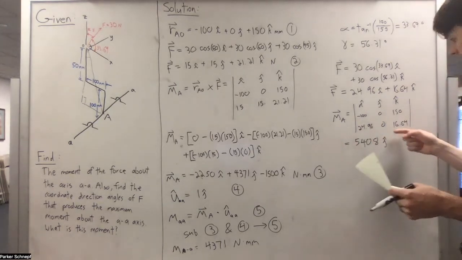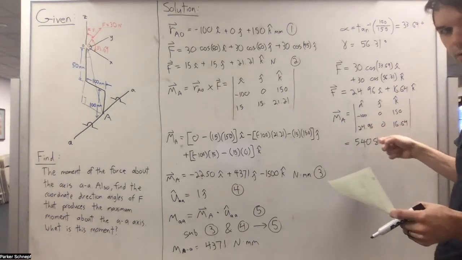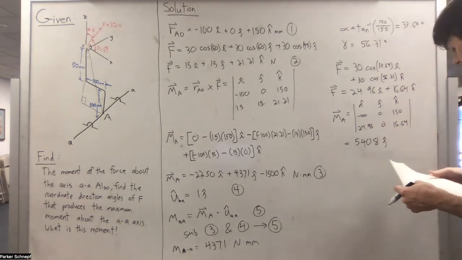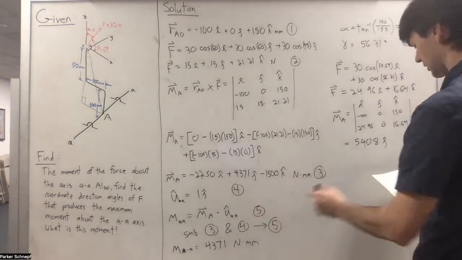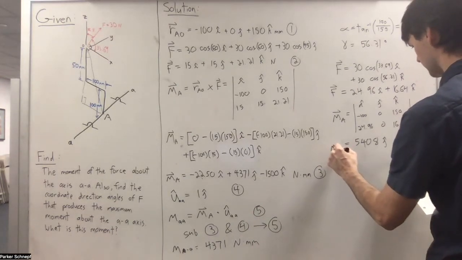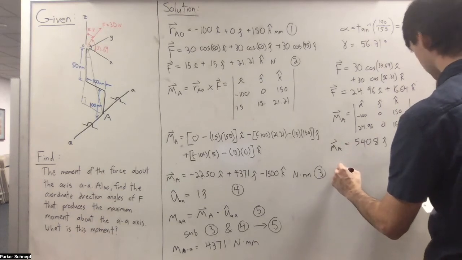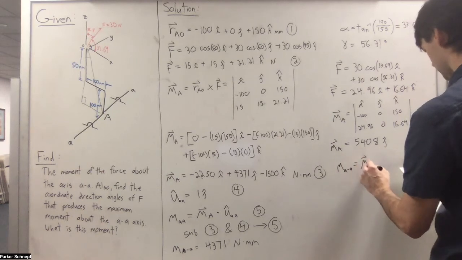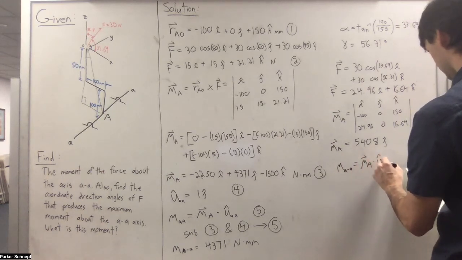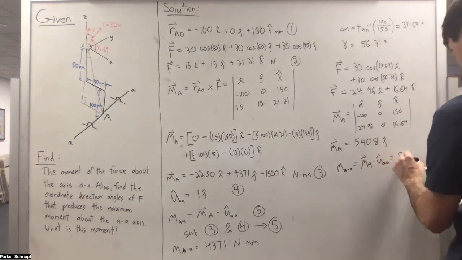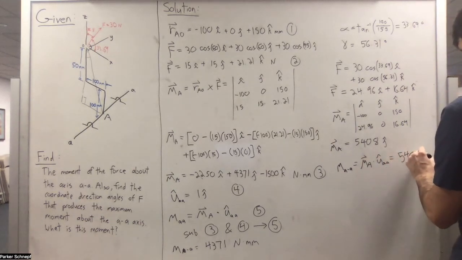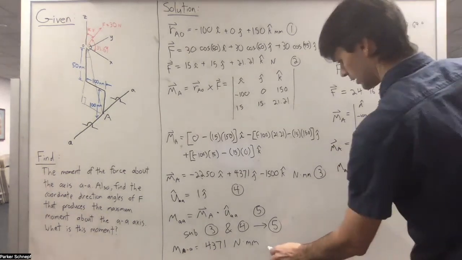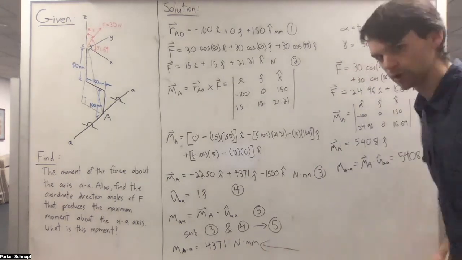We optimized this so we don't waste any moment in the x or z direction, since they don't maximize our moment about the axis. Then we just take the dot product again. So the moment about axis AA equals moment A dotted with unit vector AA, which just gives us 5,408 Newton millimeters. And there we go, those are the answers.